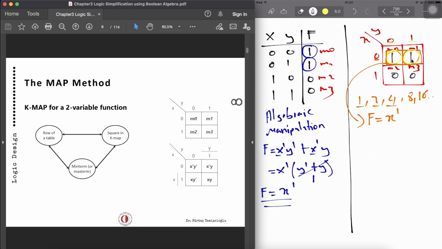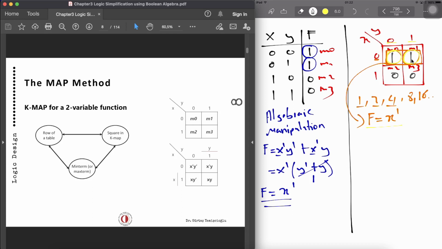We look at the adjacent ones. We combine them, either 1, 2, 4, 8, or 16. And then I have to find out which variables are not changing. I look at x first, alphabetical order. X is 0, stays 0 in both of these squares for 1, but y is 0 and changes to 1.